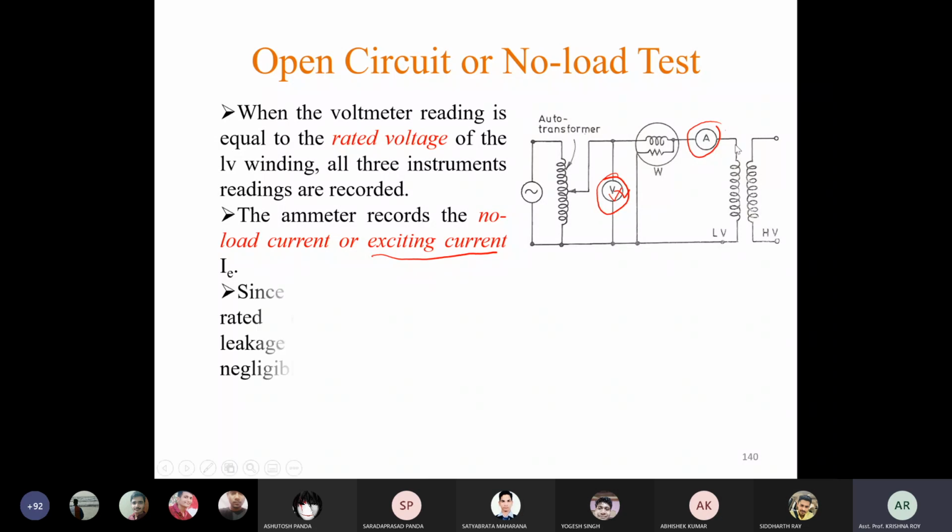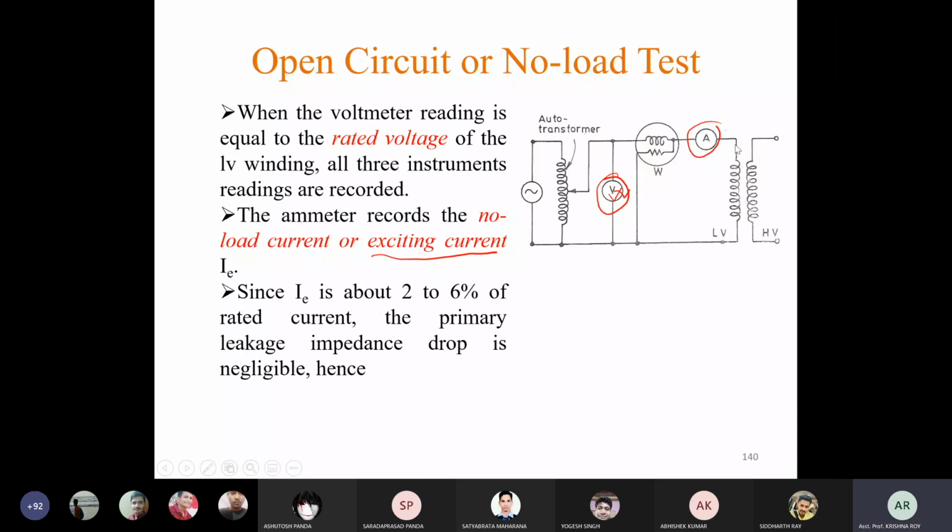Okay, now what will be the reading of this wattmeter? Wattmeter normally reads power. So no load is connected across this secondary side, so there will be no reading due to power consumption by load. Then what will be the reading of this wattmeter?